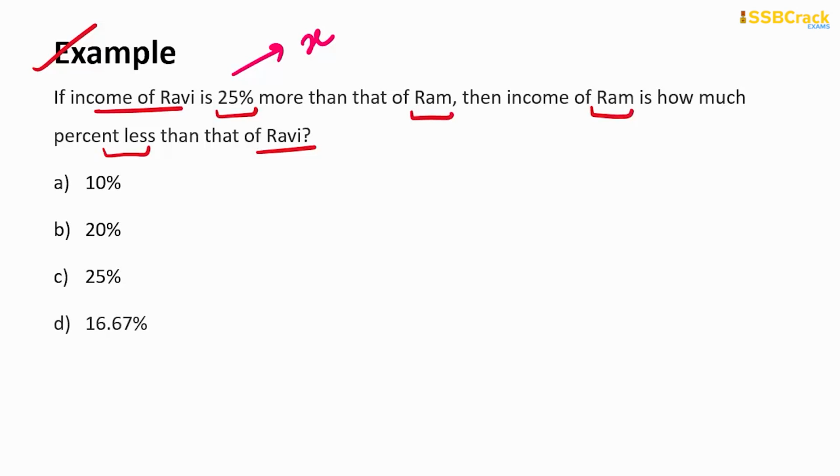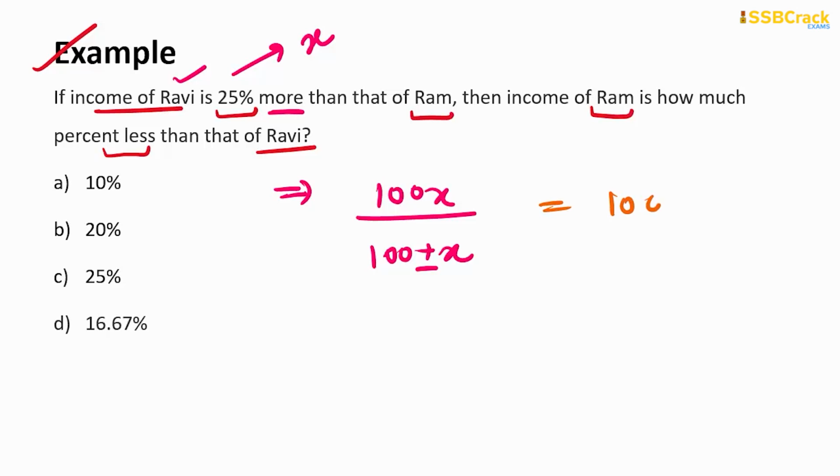So we know the formula, and it is given by 100 into x divided by 100 plus x. Because we know that the income of Ravi is more than Ram, and in the case of more we always take the plus sign. Okay, now let's put the values. So it will be equal to 100 into 25 divided by 125.